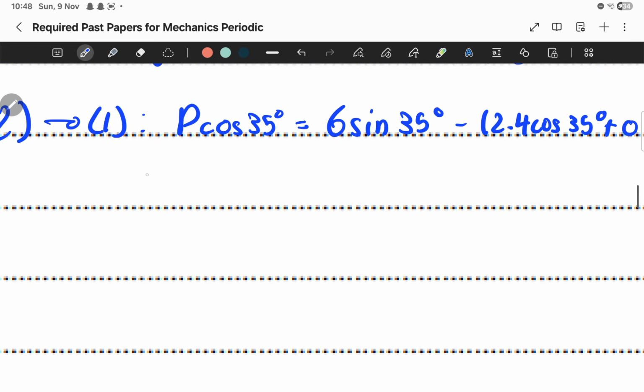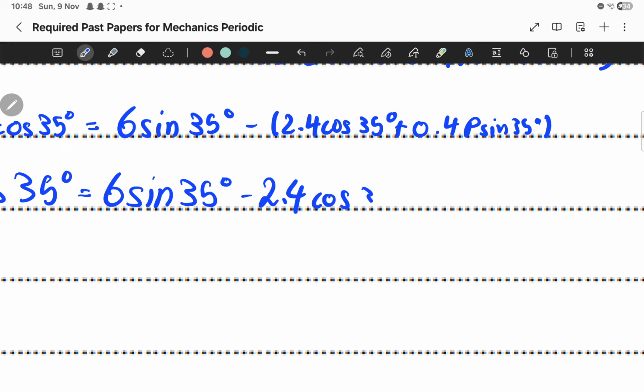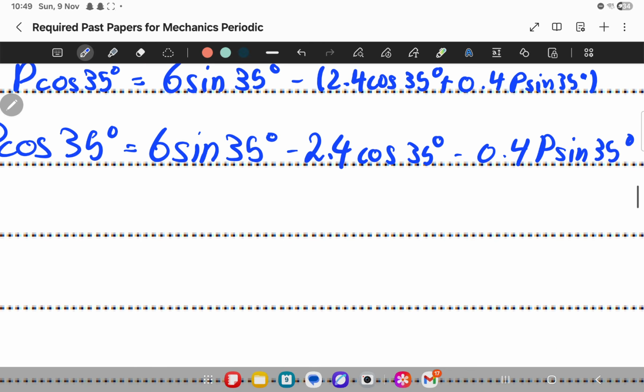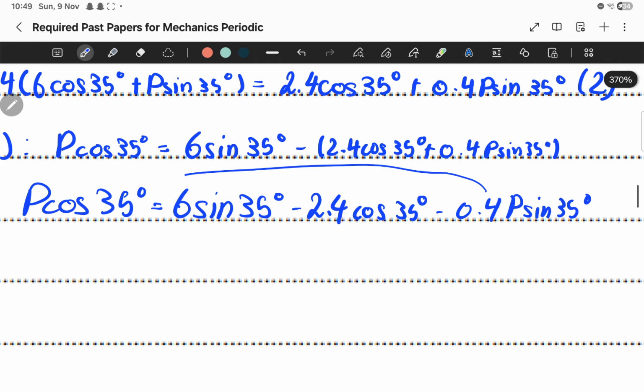So p cos 35 degrees is equal to 6 sine 35 degrees minus 2.4 cos 35 degrees minus 0.4 p sine 35 degrees. Now this is nice because I can take p to the other side and isolate p.